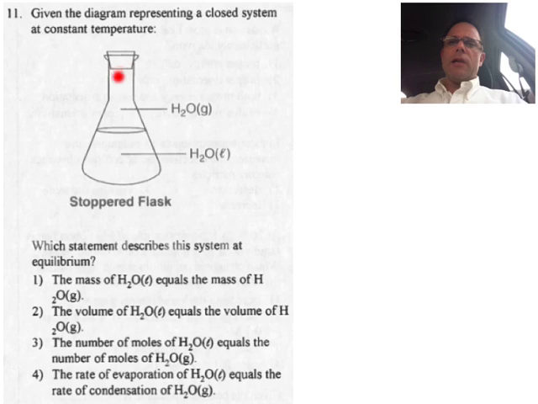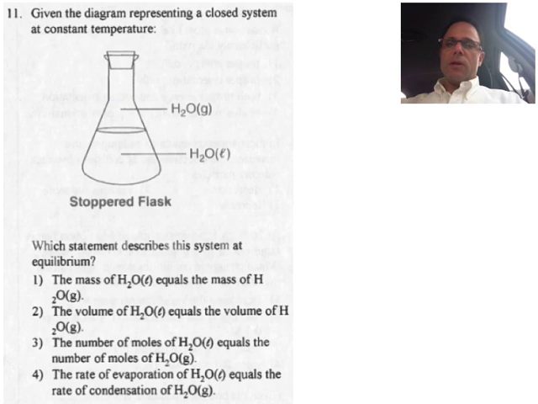In looking at this picture, it looks like there might be equal volumes, but let's hypothetically raise the volume to here. If this was all water, it would be very obvious that the mass of the liquid would not equal the mass of the gas. So choice 1 could not be true.